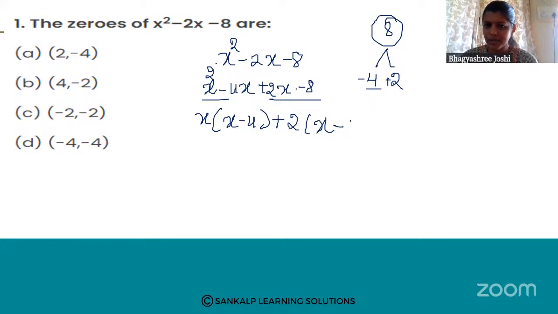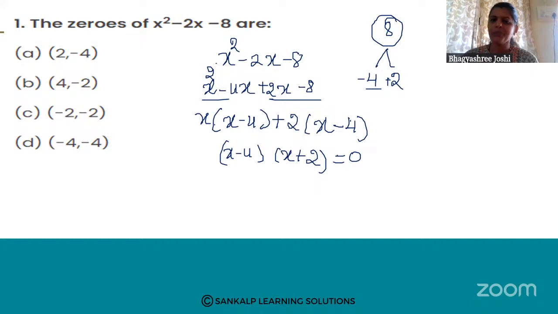Minus 4, that is plus into minus minus, that is 4. So x minus 4 is one factor and x plus 2 is another factor. Now it is in the form of x minus alpha and x minus beta. So that's why we call x minus alpha and x minus beta the factors of this polynomial, right? So these two are the factors.